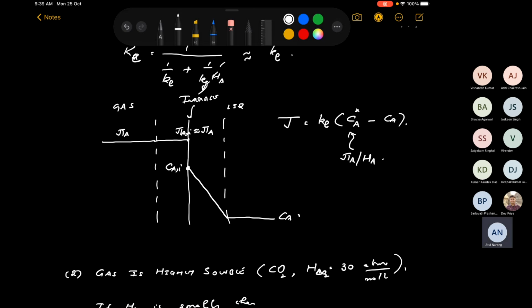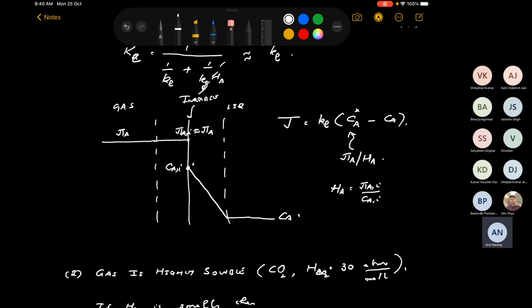Now, if p i A i is equal to p i A, then c a i, which by definition, if you remember, c a i and H A were related. We had H A equal to p i A i divided by c a i, because at the interface, the two concentrations are in equilibrium.